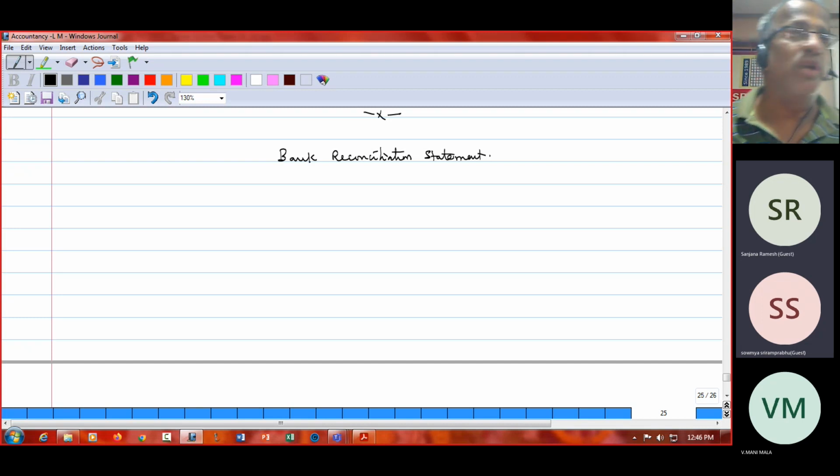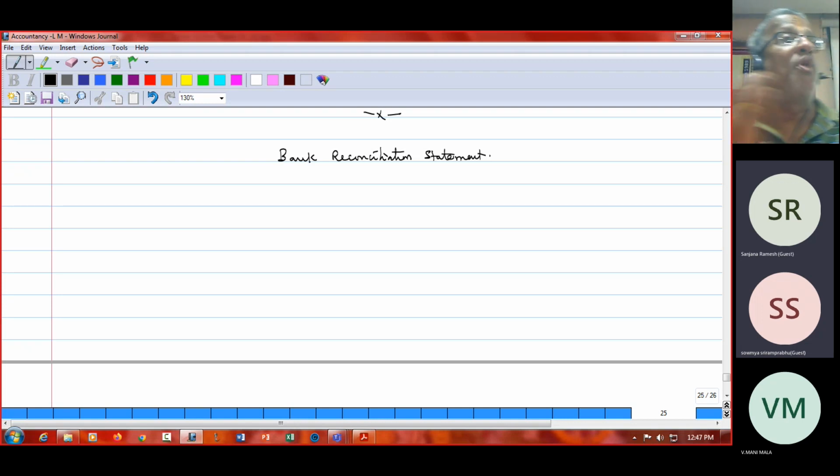Now you understand one important thing. In your cash book, you record the receipt of check and the issuance of check as if money had come into the system, money had gone out of the system, but there is going to be a latent delay. What is apparent in your book is that money had just come, money had just gone, but what is happening latently is with some delay.